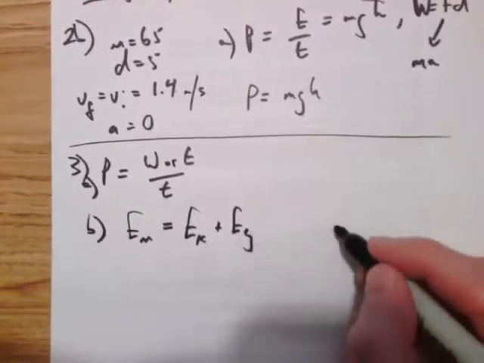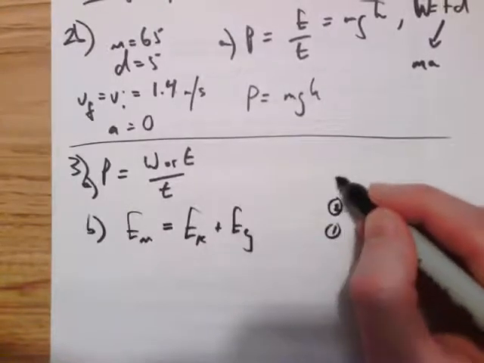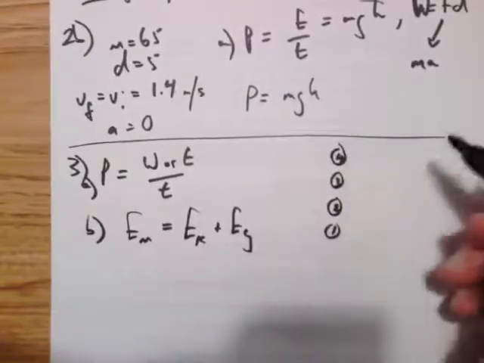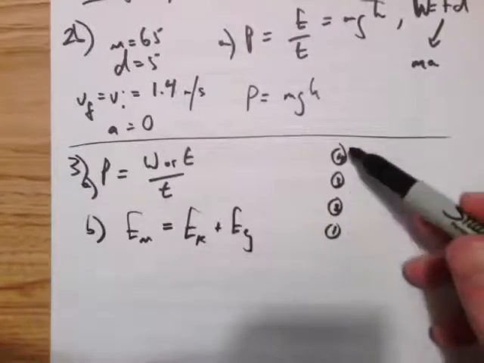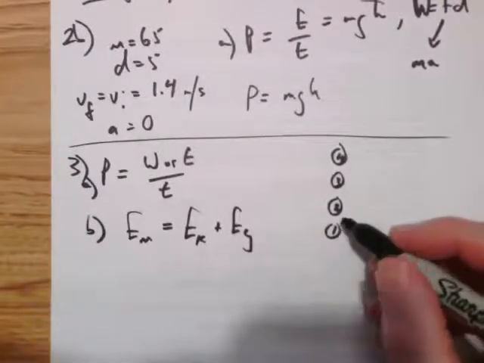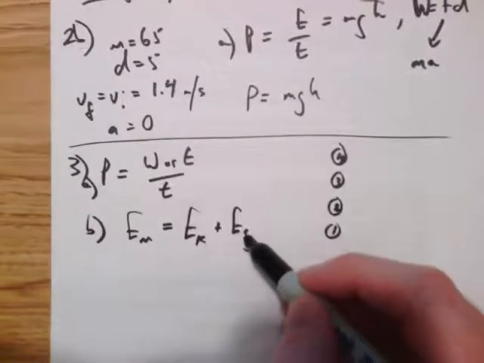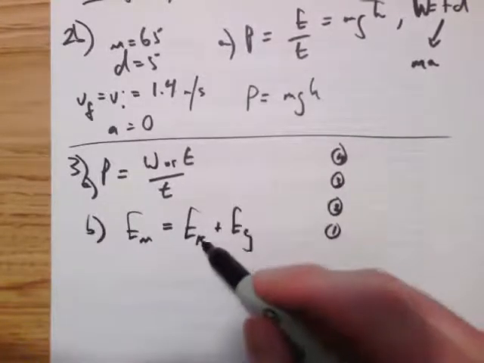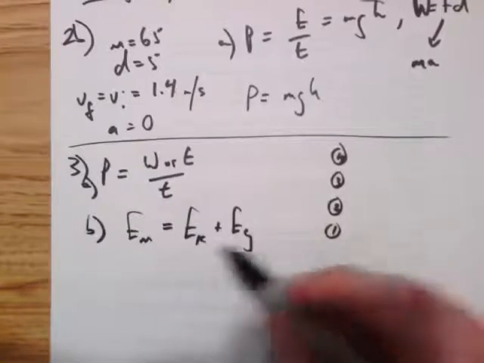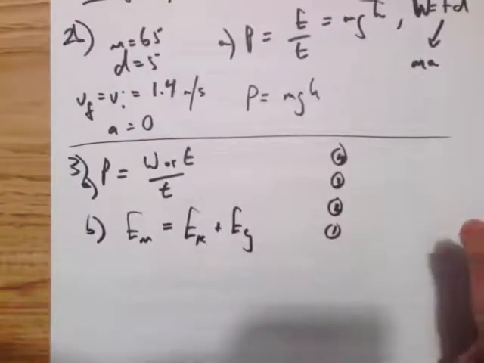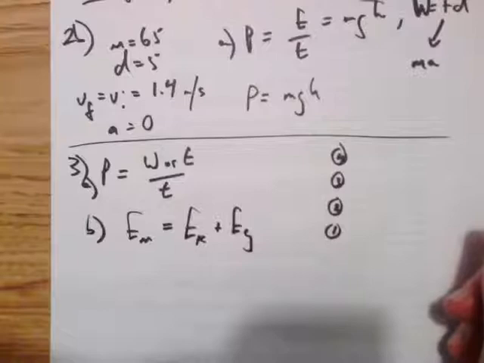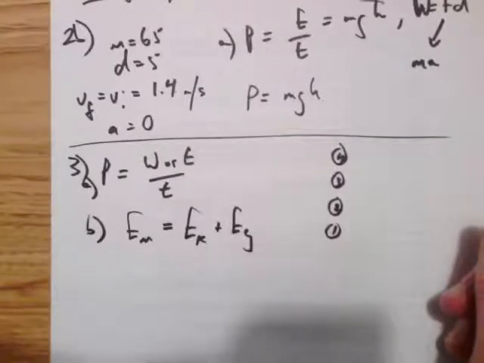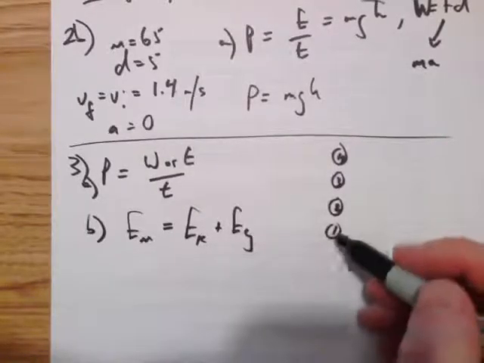As this thing goes up, I'll call this position 1, position 2, position 3, position 4. As it goes higher, the mgh, the gravitational potential energy, increases. The kinetic energy, 1/2 mv squared, is also increasing, because the acceleration is constant. It doesn't say 0, though: it accelerates upward with a constant acceleration, so it's going to be moving.